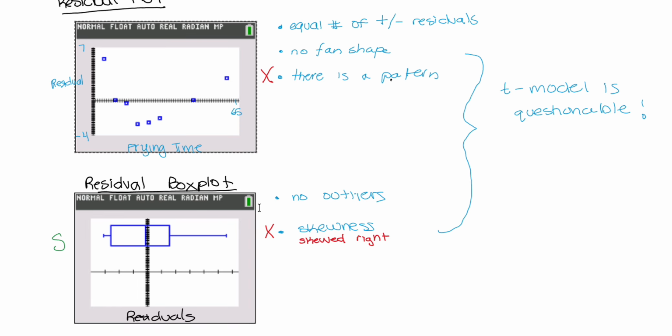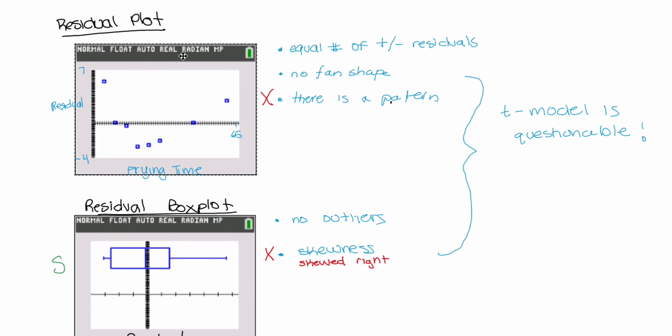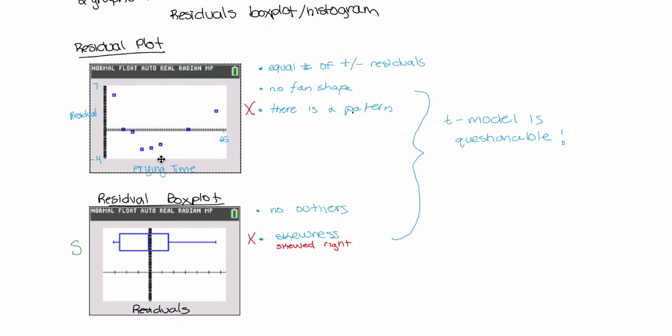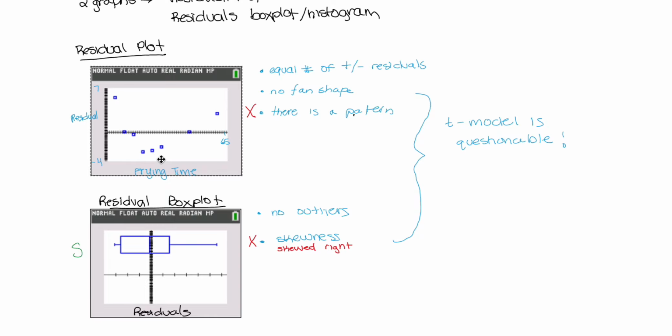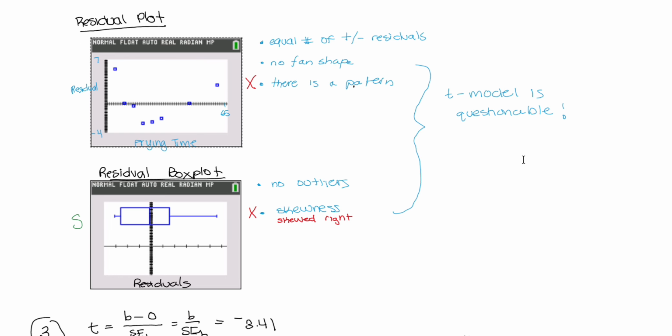What are the characteristics of it? There's no outliers, but it shows skewness. It's kind of skewed right for us. Therefore, since the residual plot and residual box plot both have some conditions that didn't match our requirements, our t-model is questionable. We will state this again in our conclusion later.